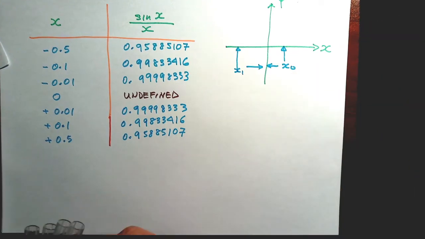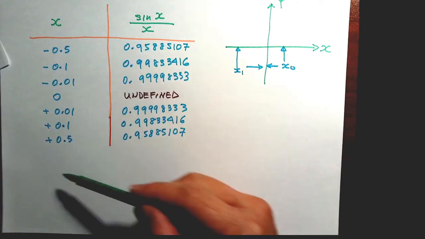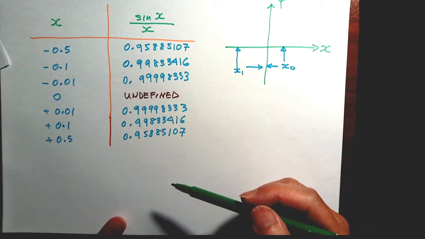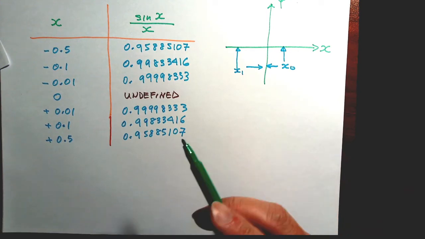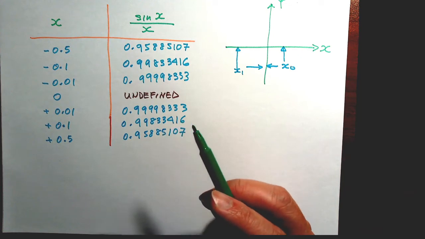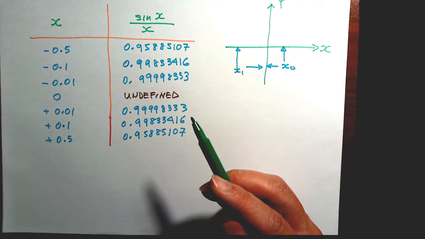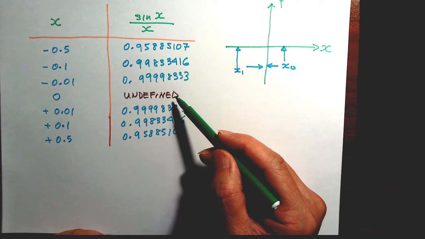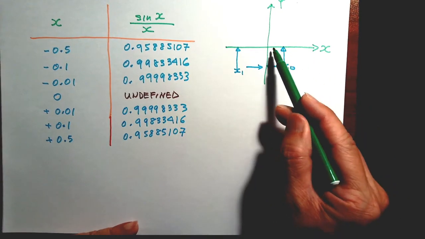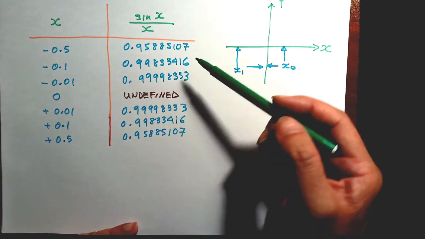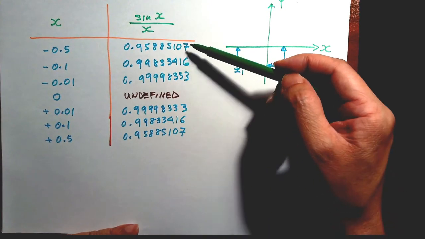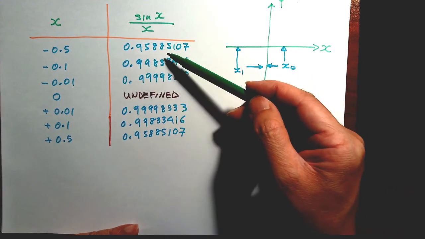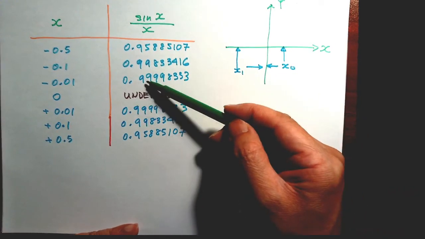So what can we infer or logically deduce from this set of numbers? What we can logically deduce is that at 0, the function is undefined, but as the value of x approaches 0 from either side, look at the pattern here, 0.9588, 0.9983, 0.9999.